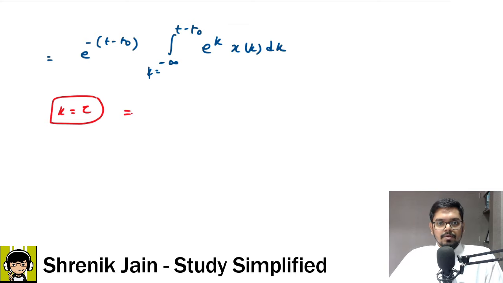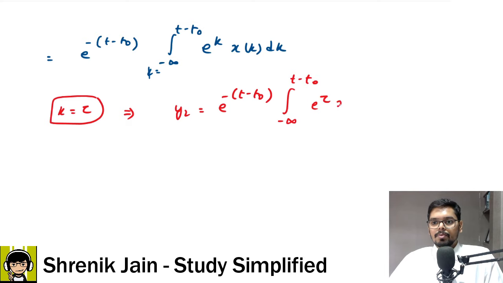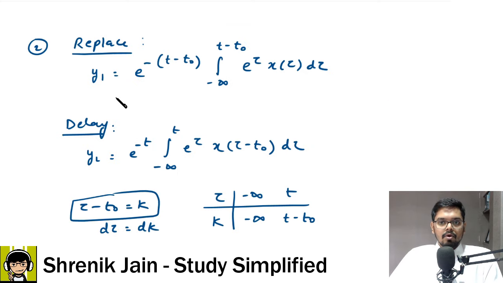Just the change of variable property. So it will give me y2 equal to e to the power minus t naught times the integral, tau going from minus infinity to t minus t naught, of e to the power tau x of tau d tau. Then you will say, oh, this same thing is our y1 also, same to same.